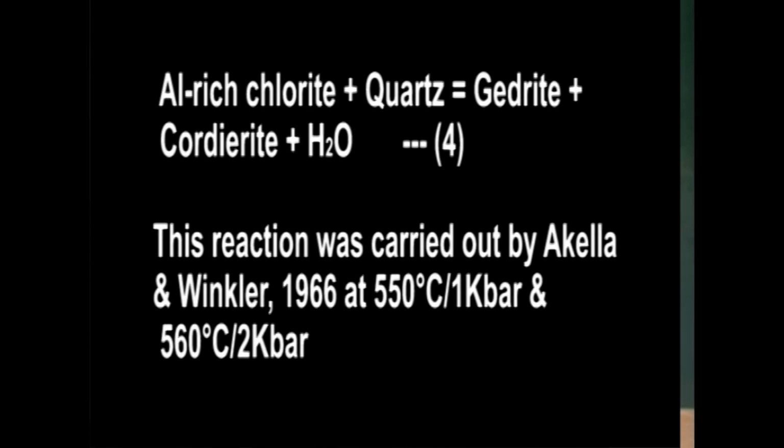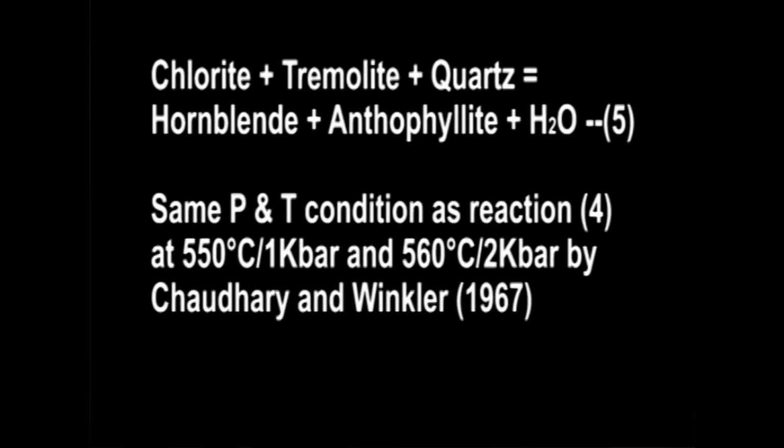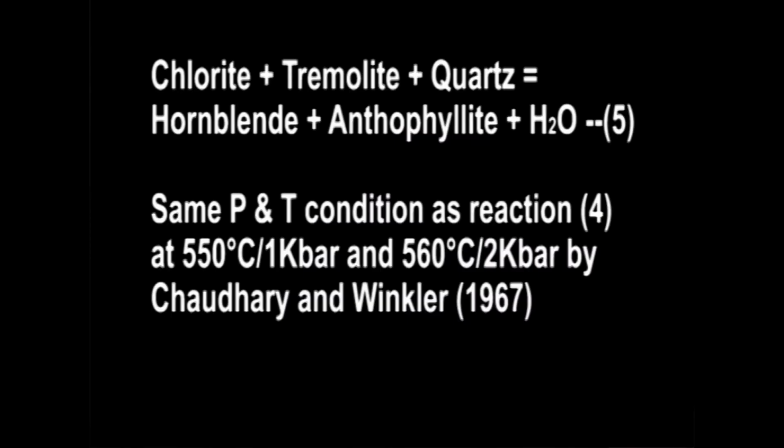at 550 degrees centigrade 1 kilobar and 560 degrees centigrade 2 kilobar. Another reaction is chlorite plus tremolite plus quartz give rise to hornblende plus anthophyllite plus water at the same PT condition as reaction 4, that is 550 degrees centigrade 1 kilobar and 560 degrees centigrade 2 kilobar by Chaudhary and Winkler 1967.